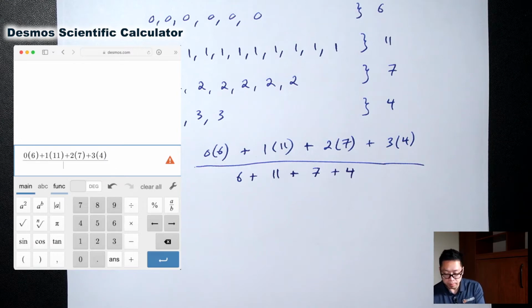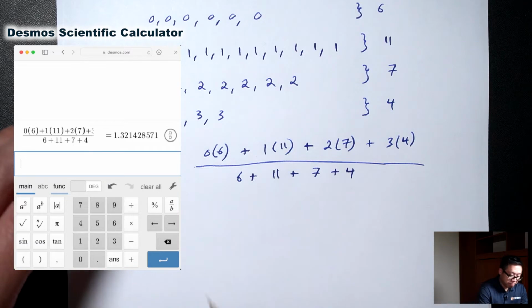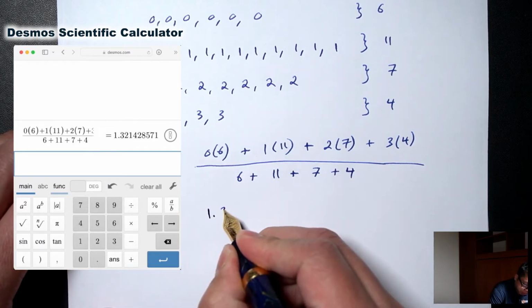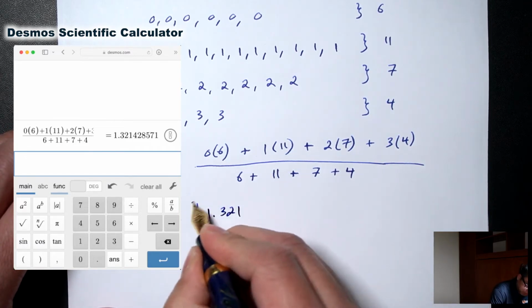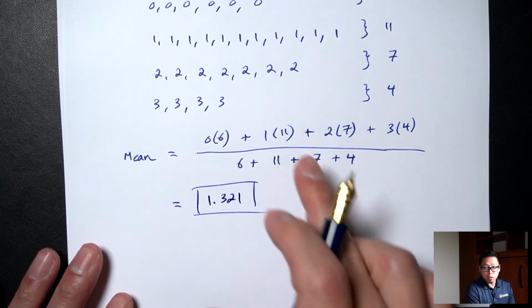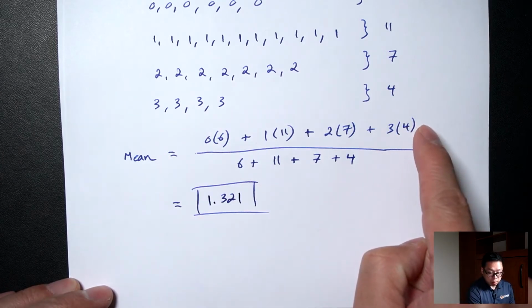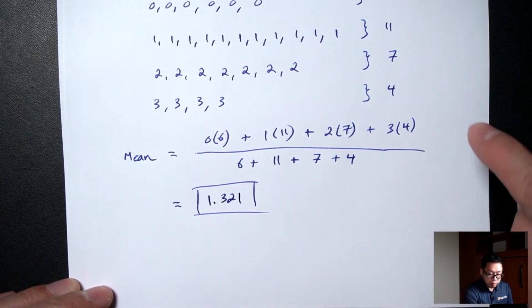On the bottom, 6 plus 11 plus 7 plus 4. Rounded to 3 decimal places, I'm getting 1.321. If you're using another calculator where you can't enter a fraction like this, do the top separately, get a number. Do the bottom separately, get a number, and then divide.